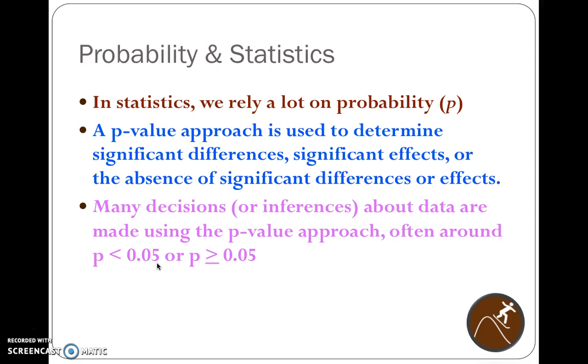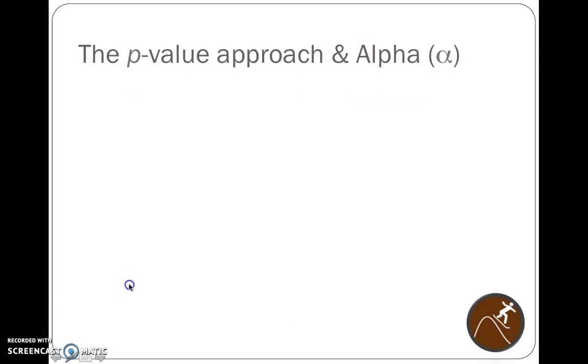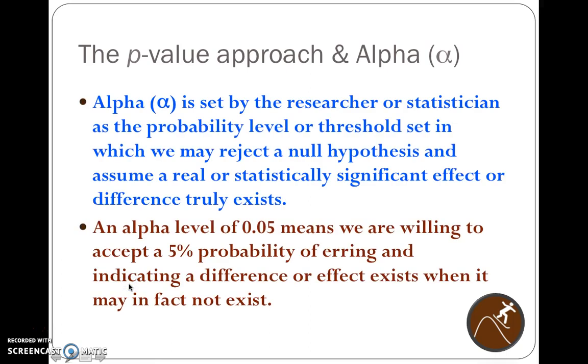Some epidemiologists like to loosen that and relax it a little bit. Some folks like to strengthen that up and use things like p-values less than 0.01, depending upon how many comparisons and things they may be making. So the p-value approach and alpha.